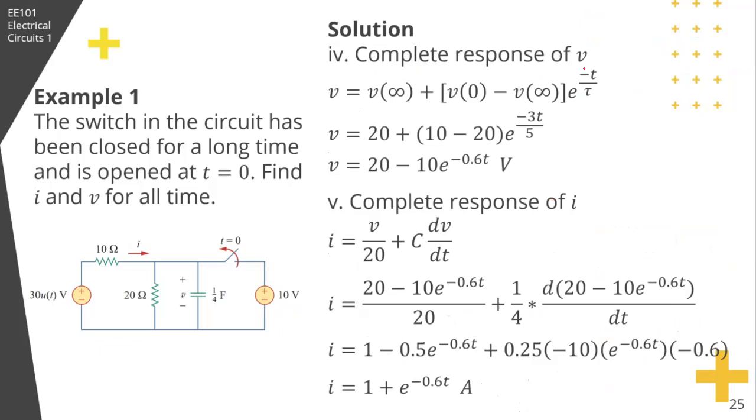Now, our complete response for V is this: V infinity plus V at 0 minus V at infinity, then e to the negative t over tau. Substitute, and we'll have this one.